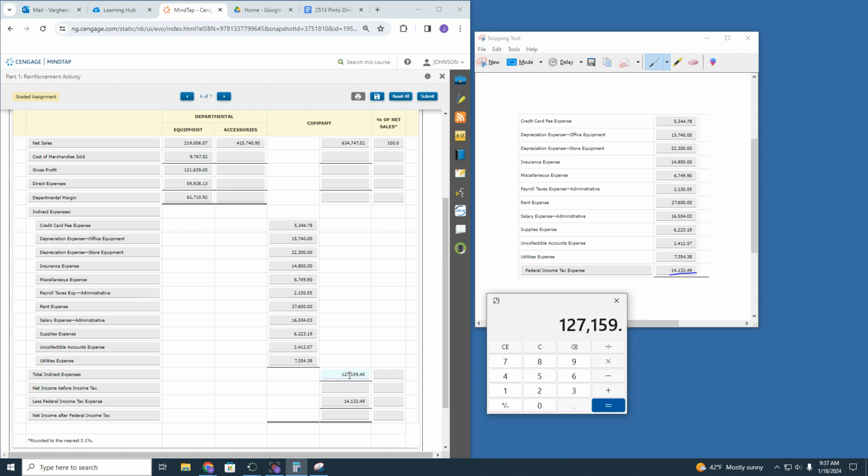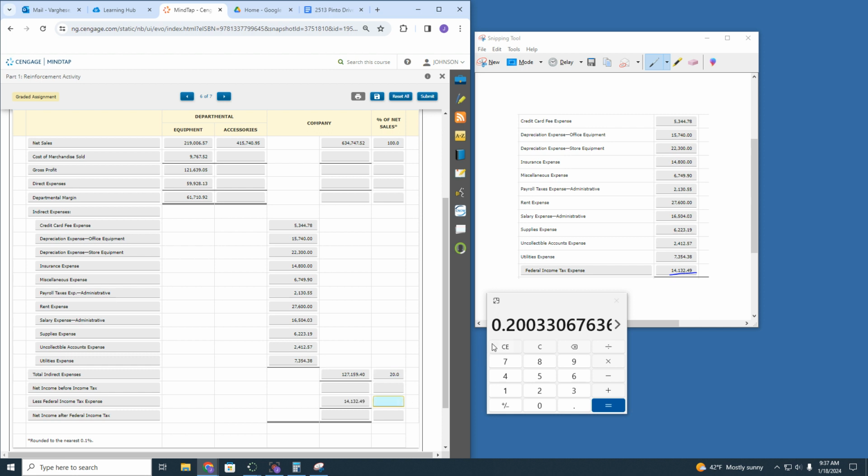So then 127,159. So indirect expenses divided by net sales is 33. No, that's not right. Let's try that again. 127,159.40 divided by 634,747.52. 20%.